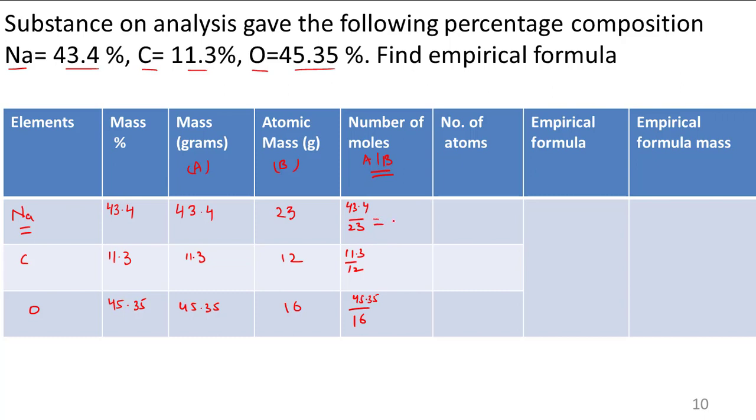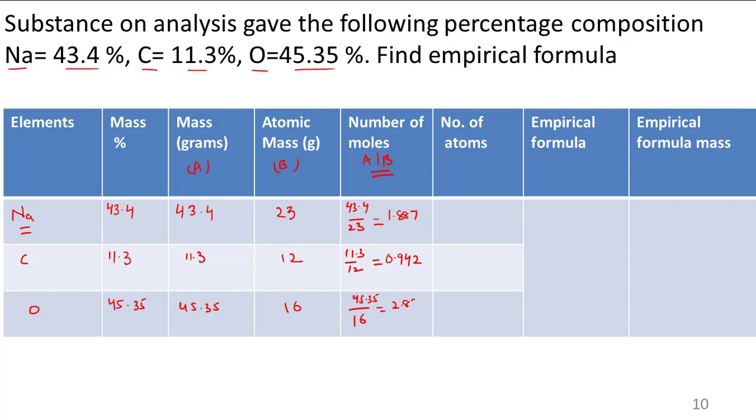Let us see the values. 43.4 divided by 23 is 1.887. 11.3 divided by 12 is 0.942, and lastly 45.35 divided by 16 came out to be 2.834.